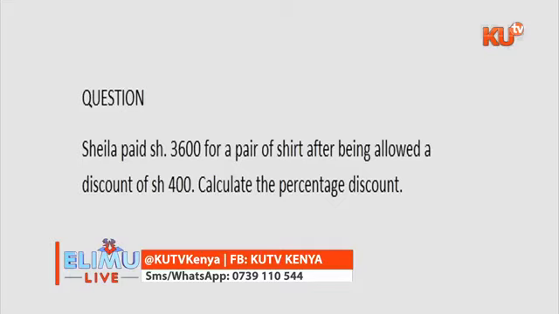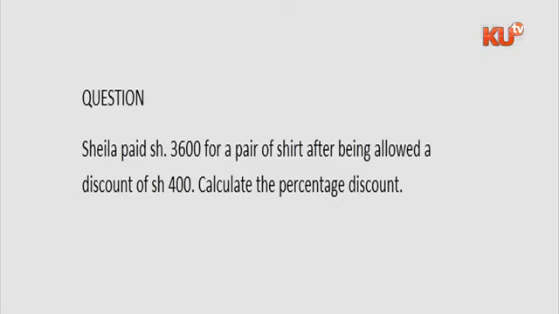Calculate the percentage discount. I repeat, Sheila paid 3,600 for a pair of shirts after being allowed a discount of 400 shillings. Calculate the percentage discount. So that is your question. You can work it out at home and then have your answer.